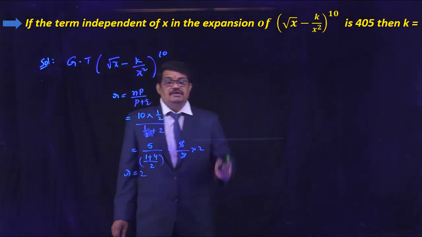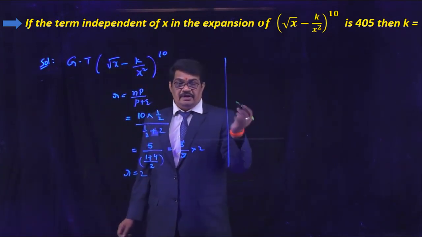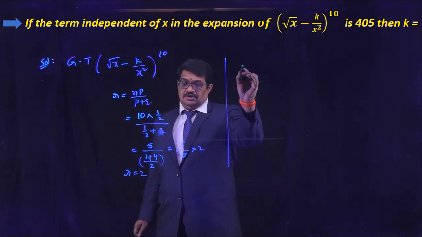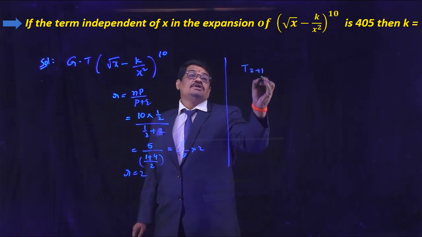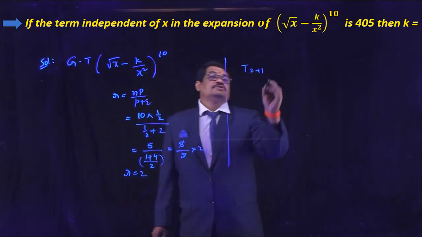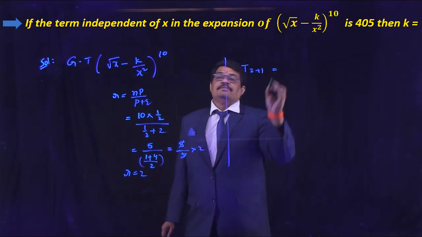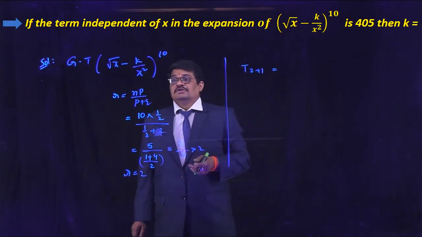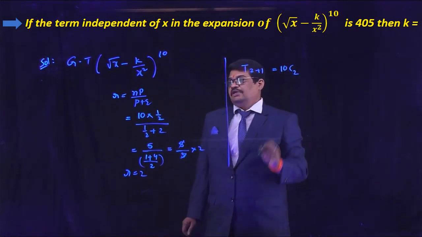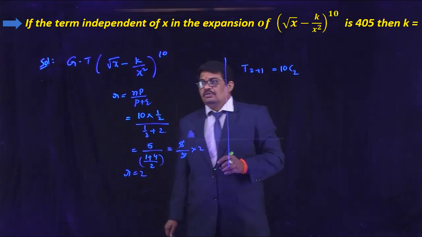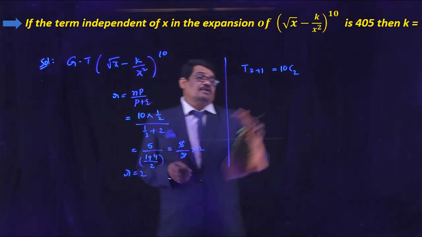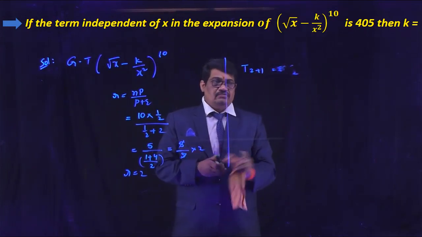Now we are writing the independent term. What is the independent term? It is T(2+1), that is T3.